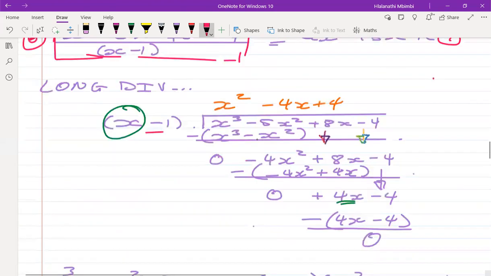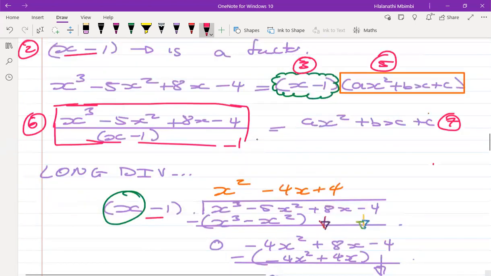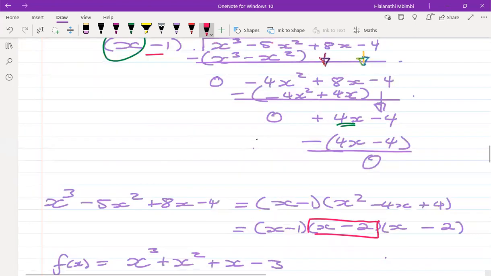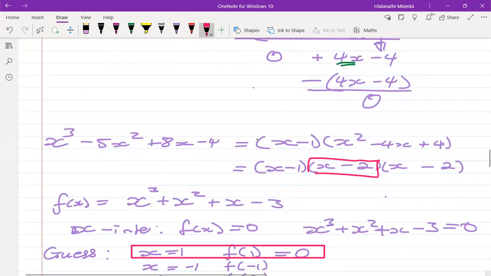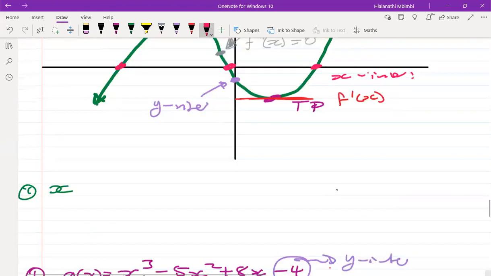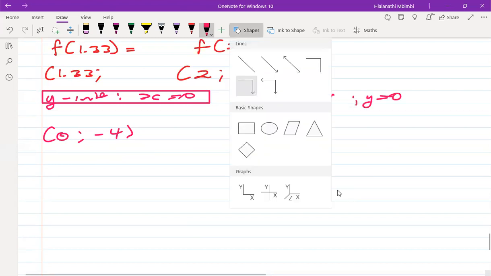We also know that these are going to be our x-intercepts, right? So it is x minus 1, x minus 2 and x minus 2. Those are going to be our x-intercepts. I hope, guys, we are following here. The x-intercept is when y is equal to 0, and it's linked to the questions that we've been solving.